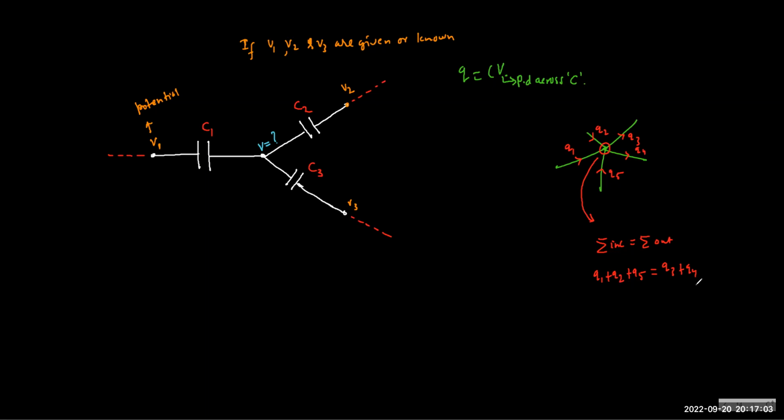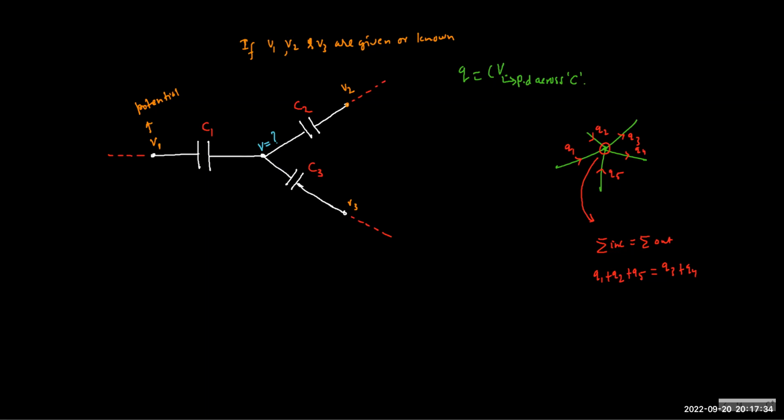Now, when we solve a question, the charge flow direction is not known to us, and therefore the first step is we have to assume something. So how to assume? The choice is with us. So let's say all are coming towards the junction, because that is the easiest way.